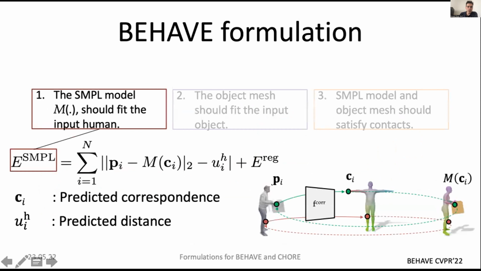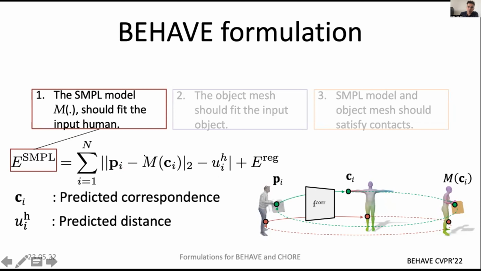So basically for every point in space pi, we predict the distance to the body model. This is annotated as UIH, okay? And now once we have these predictions from a neural network, which are trained using the BEHAVE dataset, we want the distance from pi to the actual body model that we're fitting, M is our body model shown here, that we're fitting to the point cloud.